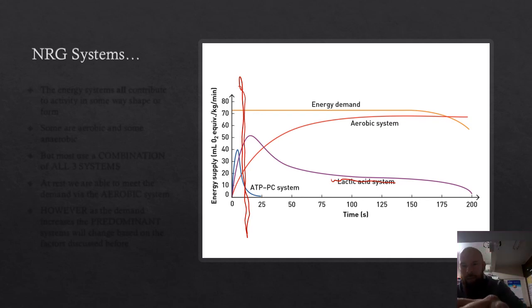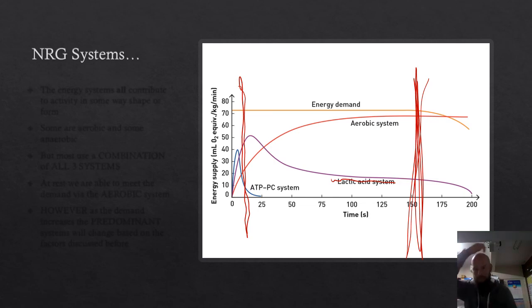If we move further down and look at 150-ish seconds, the anaerobic glycolysis system is still supplying, but it's nowhere near as much as the aerobic energy system. The ATP-PC system has actually stopped, let's say not stopped contributing, but it's not showing up on the radar.